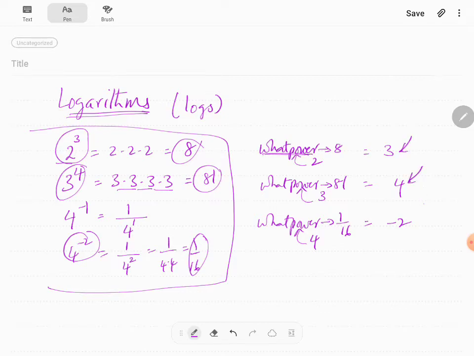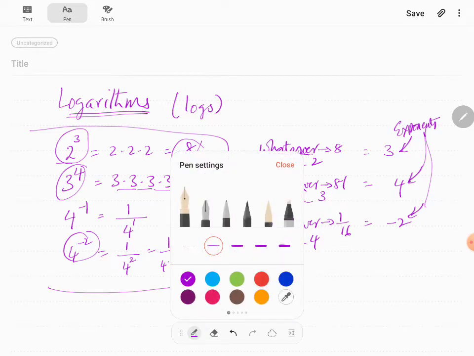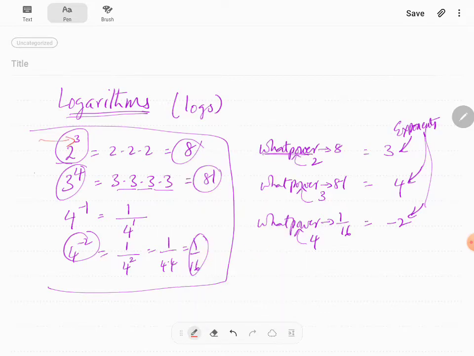What do you see here? These numbers, what are these numbers? They are exponents. These are all exponents. The 3 here, the 4 here, the negative 2 here, all of them were exponents.